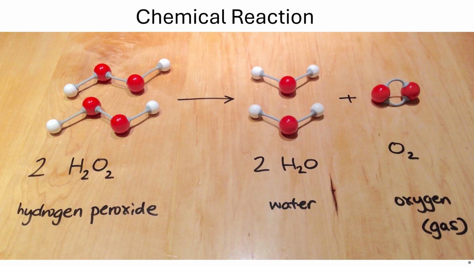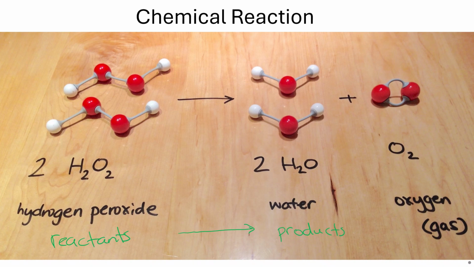Okay, so in order to understand enzymes, we need to take a look at what a chemical reaction is, because enzymes are biological catalysts and a catalyst speeds up a chemical reaction. So, with chemical reactions, we have our reactants. And the reactants, again, break bonds and then form new bonds to rearrange to become products.